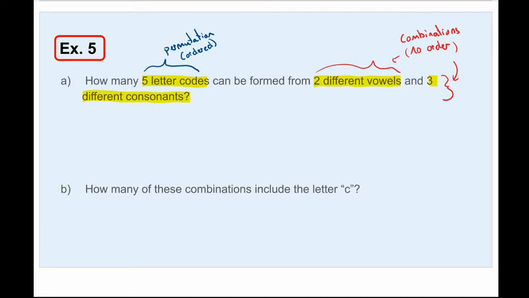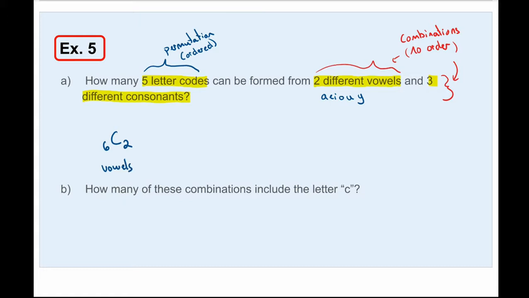So in this case, let's include for vowels A, E, I, O, U, and Y, just for sake of argument. So in this case, we have to look at our combinations first. So how many different ways can we come up with 2 vowels? Well, we have 6 choosing 2 for our vowels.